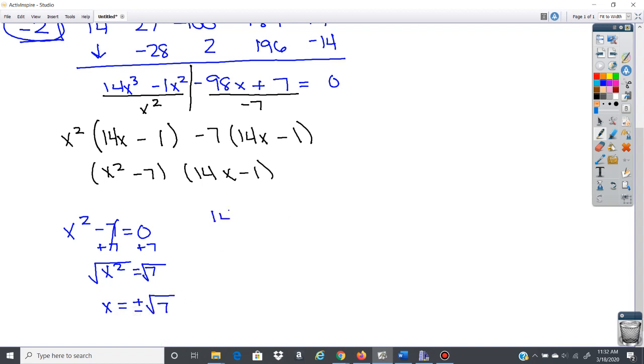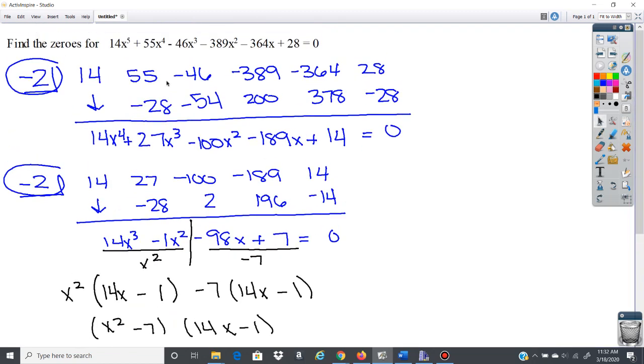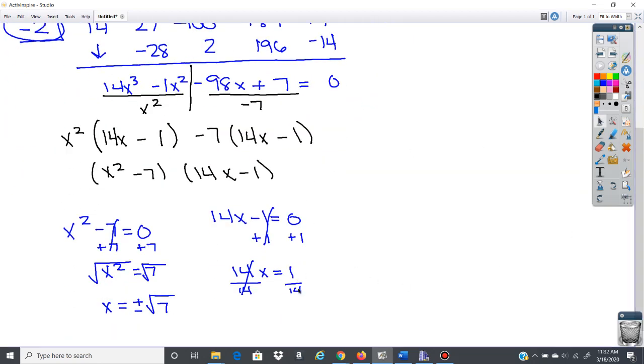And then 14x minus 1. I'm going to add the 1 to both sides. 14x equals 1, divide by 14. I've got 1/14. So I have 5 zeros because we started with an x to the 5th. So we had both of these negative 2's, we've got the 1/14, and we also have plus or minus the square root of 7.